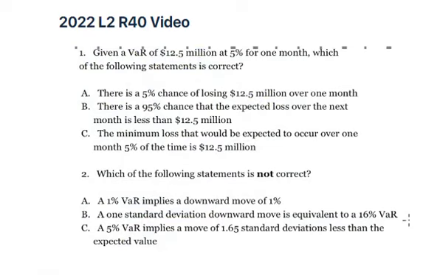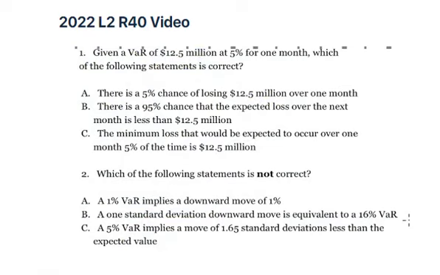Number one, given a VaR of $12.5 million at 5% for 1 month. Notice now this is 1 month, right? Which of the following statements is correct? So we should know what this means. We should know how to read that, right? A, there is a 5% chance of losing $12.5 million over 1 month. B, there is a 95% chance that the expected loss over the next month is less than $12.5 million.